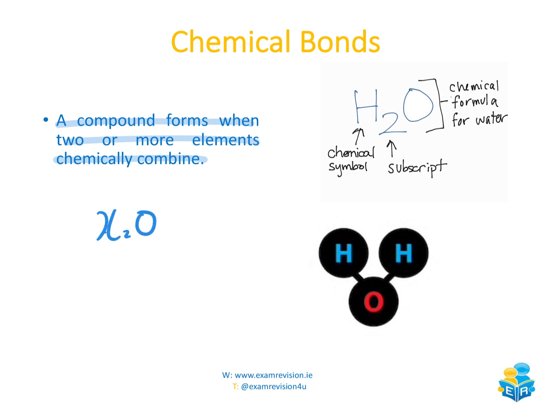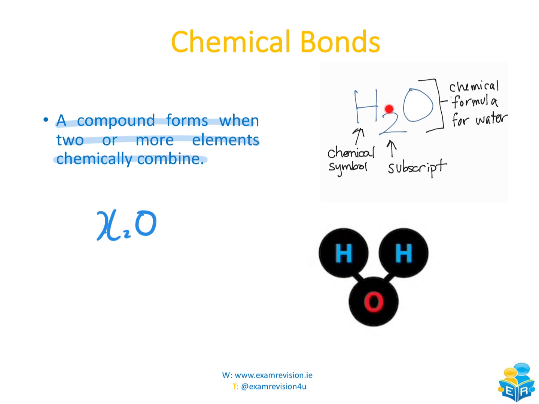Now, what does this actually mean for us? Well, if we have a look over here, here is a chemical symbol, here is a chemical symbol. Remember when we were talking about the periodic table a couple of minutes ago, when you're listing an element, if it just has one letter, it's a capital. That's why H gets a capital and O gets a capital. They're 2 separate elements coming together.